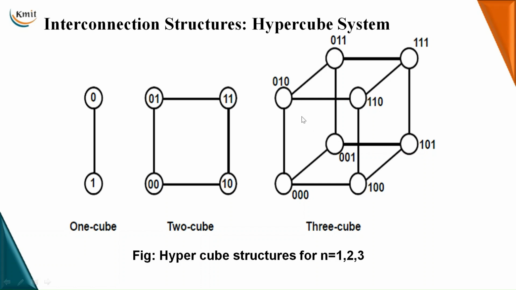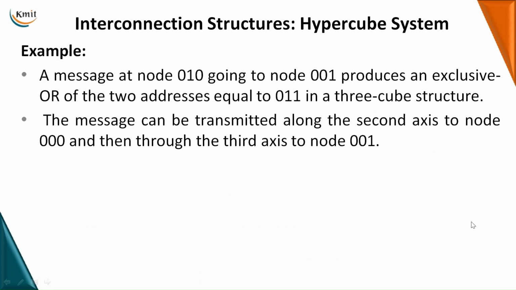You take the exclusive OR of 010 and 001, which produces the output 011. This is the x-axis, this is the y-axis, and this is the z-axis. Wherever you get ones, here on the y-axis and z-axis, the message has to be transmitted along the second axis, the y-axis, to the node 000.